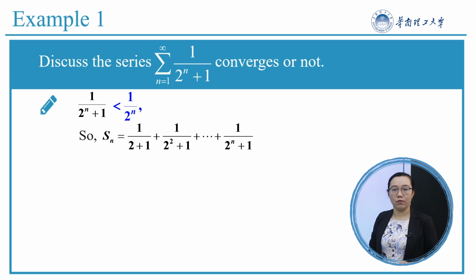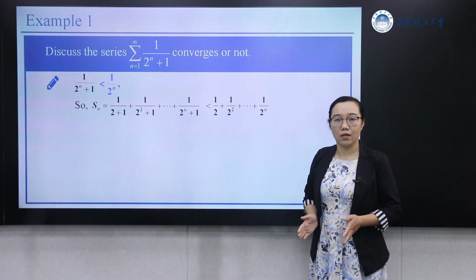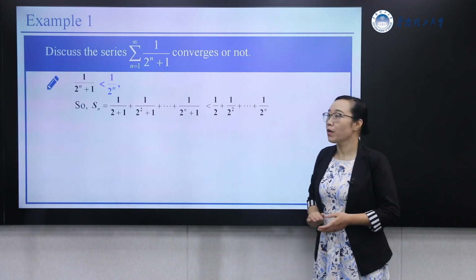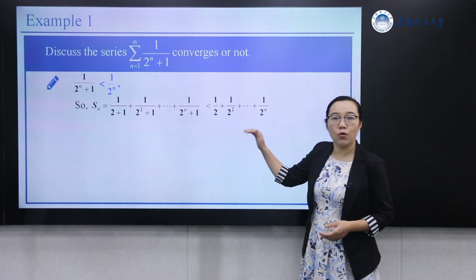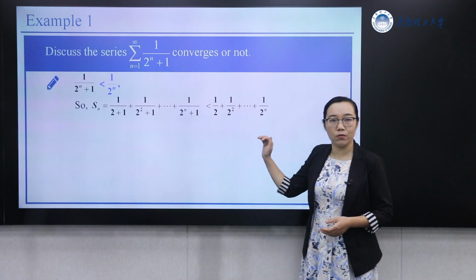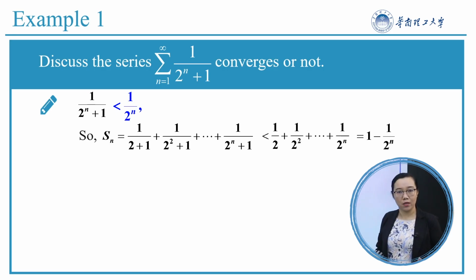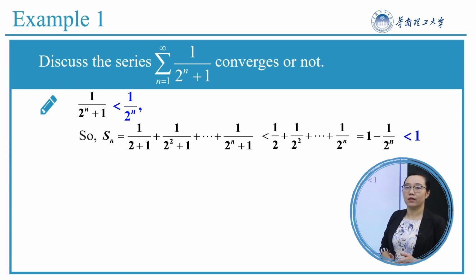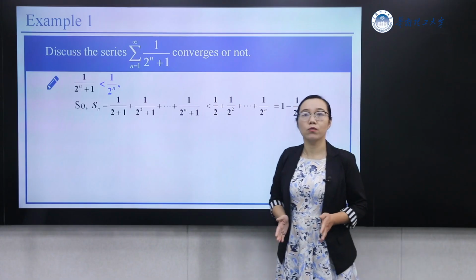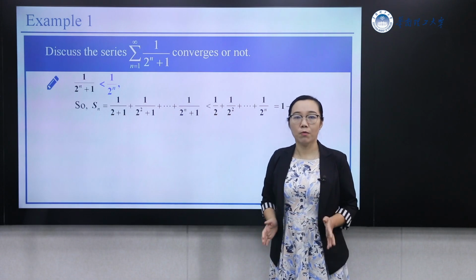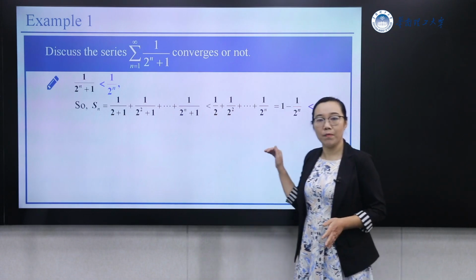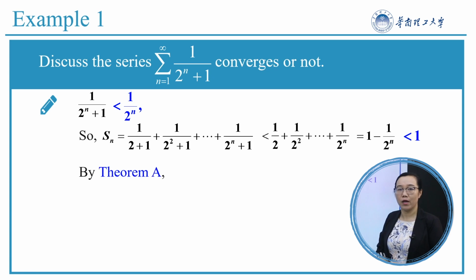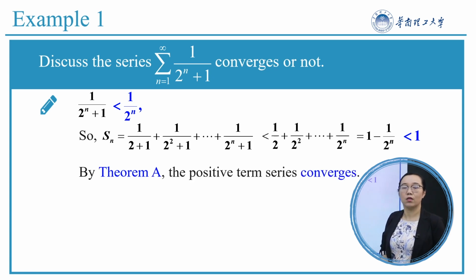So we have the following sum: Sn is less than 1 over 2 plus 1 over 2 squared, term by term, finally equals 1 minus 1 over 2 to the power n, obviously less than 1. By theorem A, the positive term series converges.